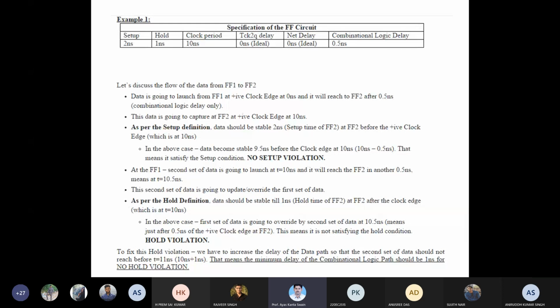Even if you launch in the market without proper testing, it may become faulty in the market and may not work, so they may lose the market. So verification jobs are more. That's why they require SystemVerilog, which you can learn on your own. It is a bit more difficult than Verilog, but you can try and learn on your own, provided you know Verilog, so it will become easy.